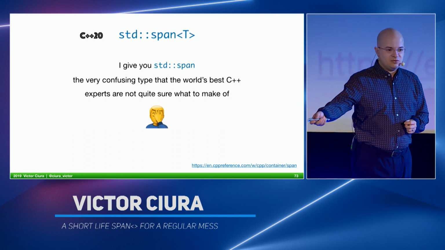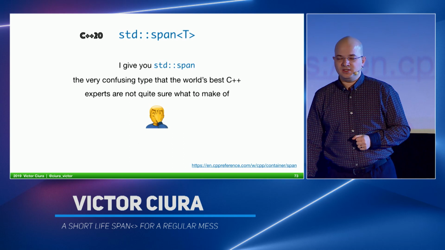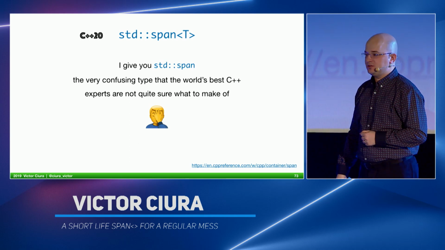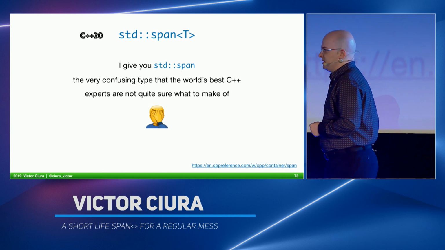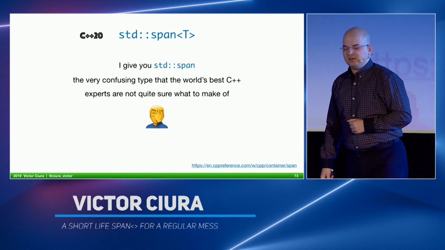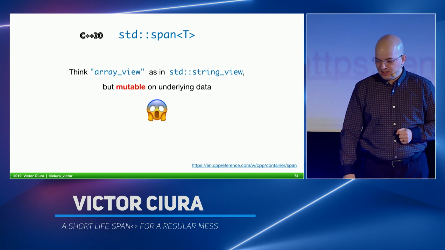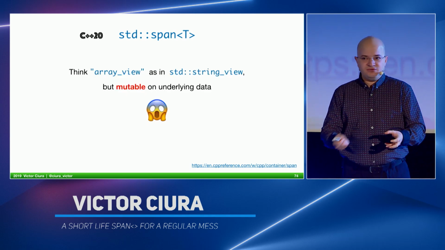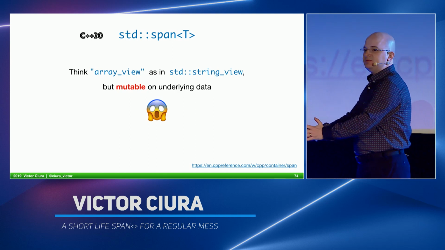So I'll give you C++20 span, which is a very confusing type and has been the subject of discussion for many months now, maybe years, within the C++ committee. Think of it as an array view, just like string view is, but the underlying data is mutable.